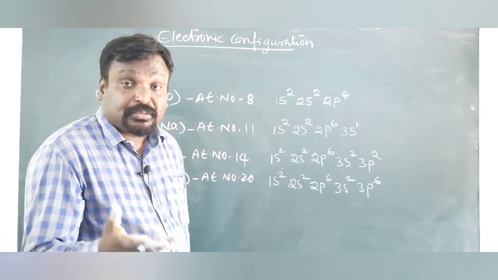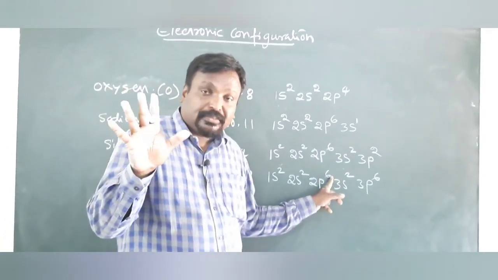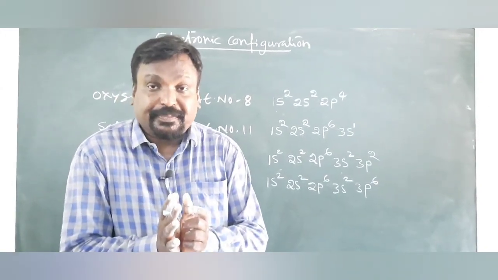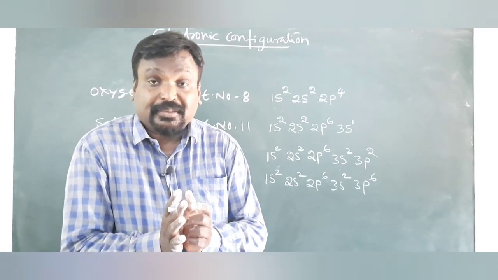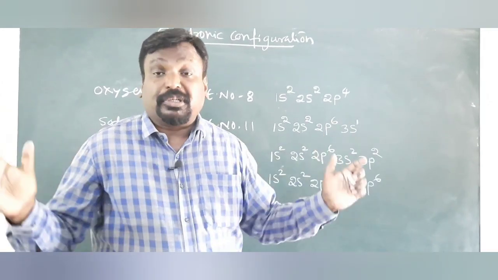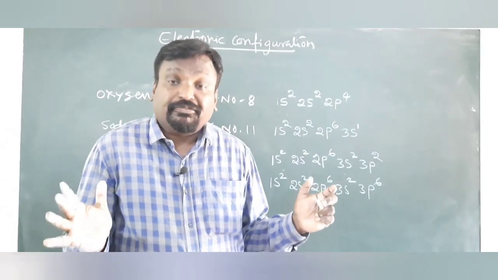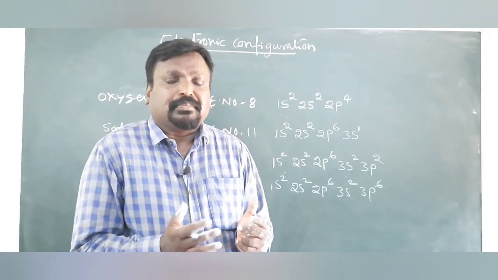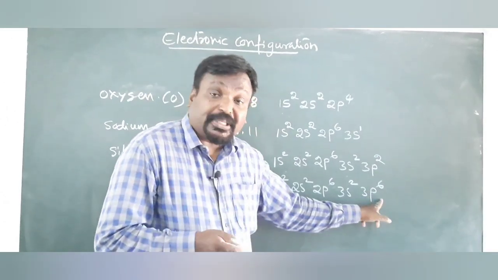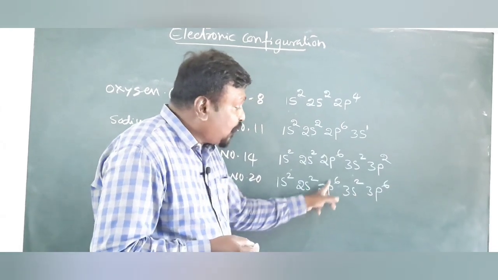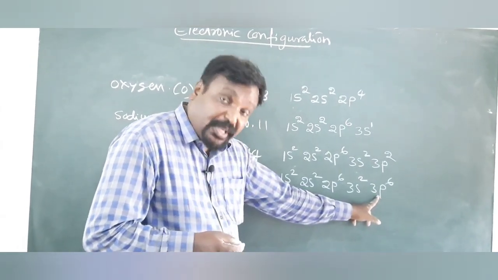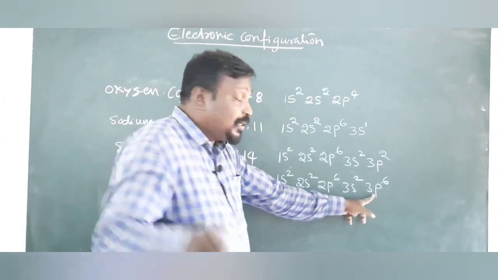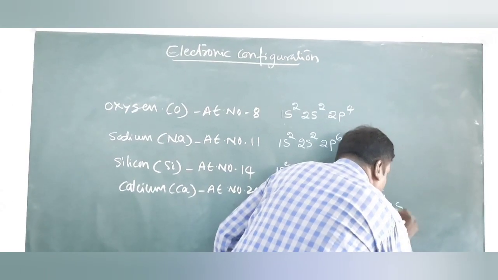Now where do they go? Will it go to 3d? No. Even though it is in the third shell, remember, the d orbital is a very big one. The energy of the d orbital is much more than that of the next orbital, that is s. Therefore, after getting filled up in the p orbital, the electrons never go to the d orbital. Instead, they go to the s orbital.